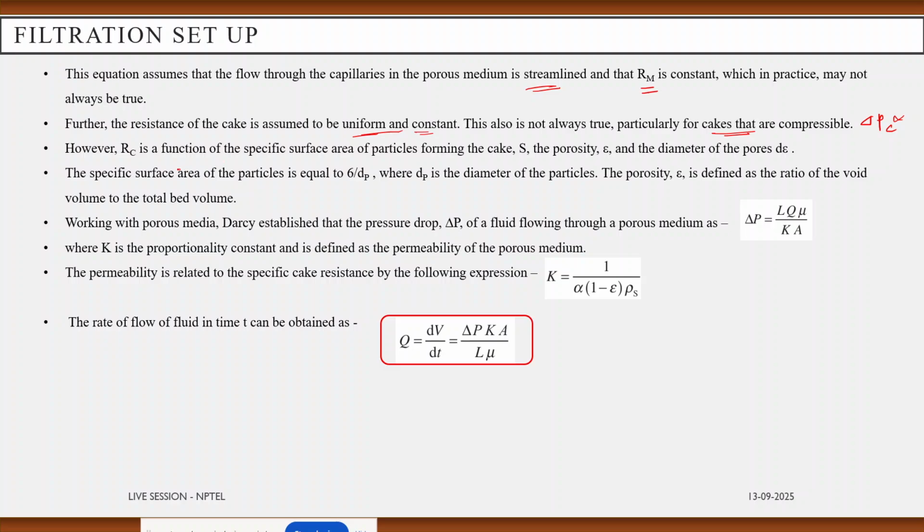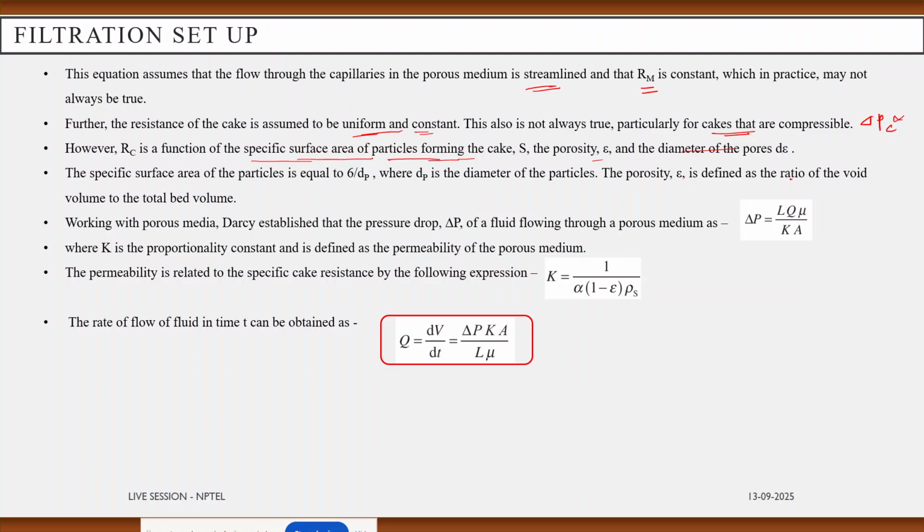The resistance in the cake is a function of the specific surface area of the particles forming the cake layer, the porosity, and the diameter of each particle. Then the specific surface area, considering spherical particles, can be written as 6 by dp.